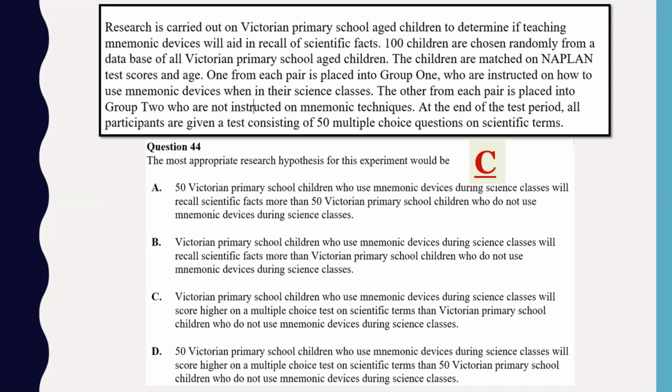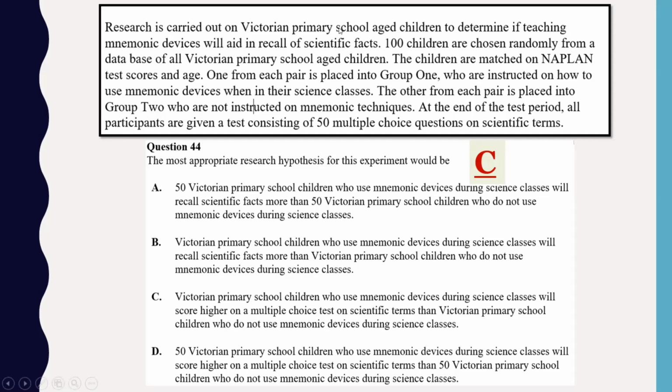Now, the reason why it's not B is if we read through: Victorian primary school children who use mnemonic devices during science classes will recall scientific facts more than Victorian primary school children who do not use mnemonic devices. So the reason that it's not B is obviously because the DV has not been operationalized correctly. Okay, so in this case, it should be C because it says Victorian primary school children who use mnemonic devices during science classes will score higher in a multiple choice test.